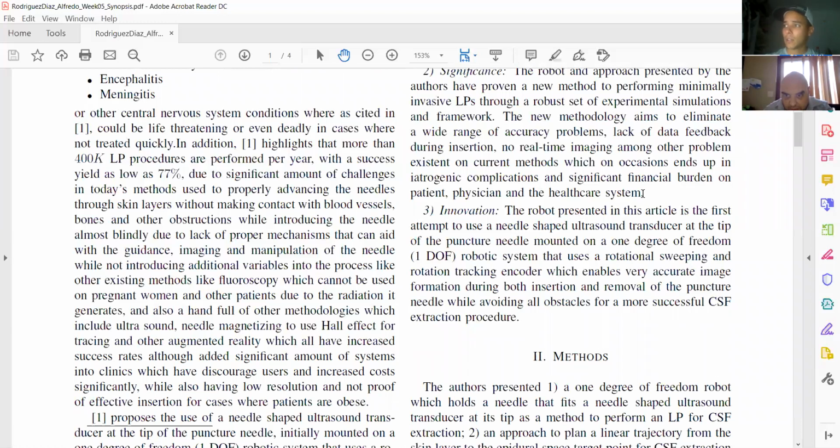Another type of method has been tried regarding this particular lumbar puncture process, but all of the other methods use a lot of different hardware, different systems.